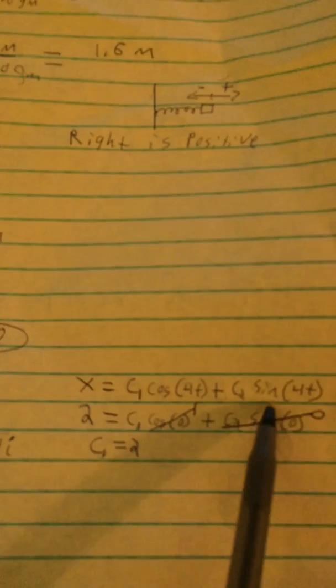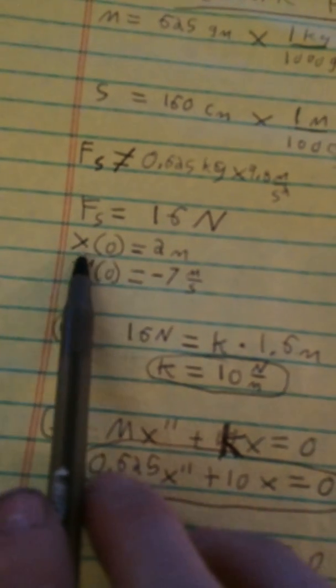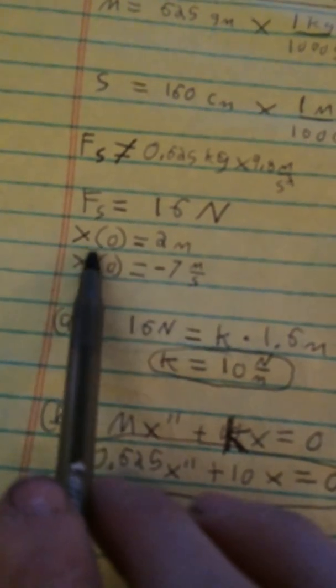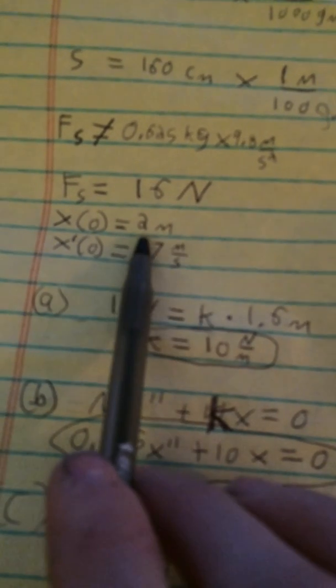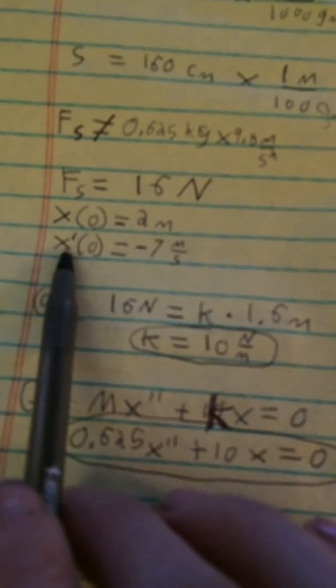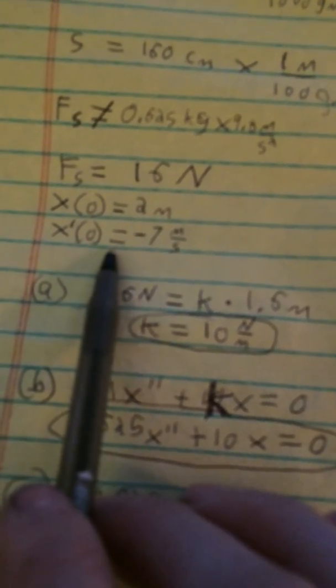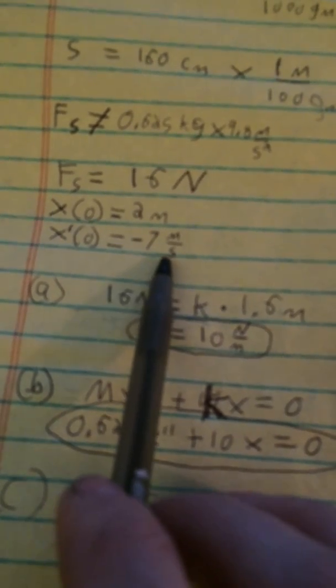So we have x is c1 cos 4t plus c2 sine 4t. Then we can plug in our initial value information. They said it started out 2 meters to the right, which is positive 2 meters, and starting at 7 meters per second to the left, which means it's negative 7 meters per second.